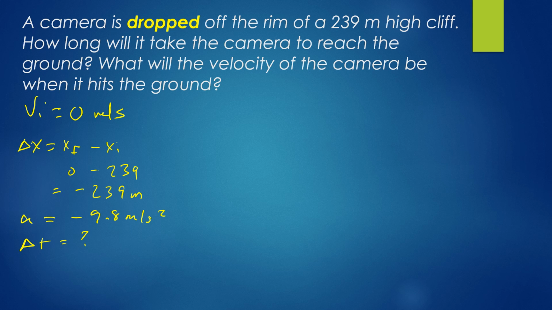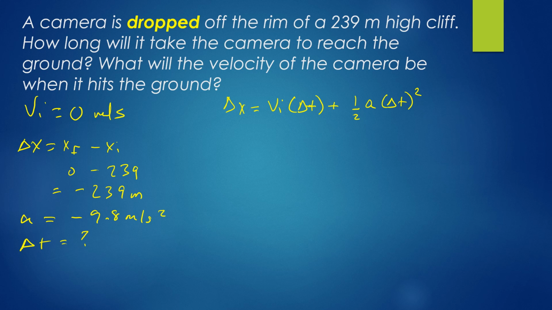So based on these four variables, I need to pick my correct formula. So delta x equals vi times delta t plus half a times time, and that squared. So luckily for us, vi is 0. My initial velocity is 0.